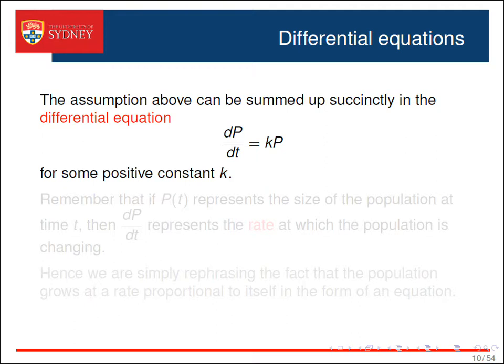We can write the above assumption in mathematical notation. The rate of change of a population is its derivative with respect to time. Saying this is proportional to its size is simply saying that dp/dt equals k times p for some constant k.